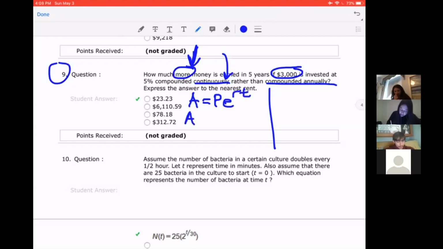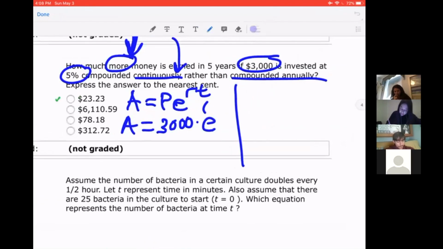So I'm just going to plug in P for principal, which would be 3,000 times e. The rate is 5%, so we just have to make sure we make that into a decimal, and I'm going to zoom in here. So 0.05, and then that's the time. Okay, they don't give us time. Oh, in 5 years, they do. Perfect. 5.